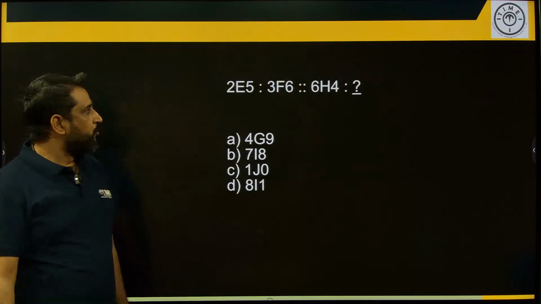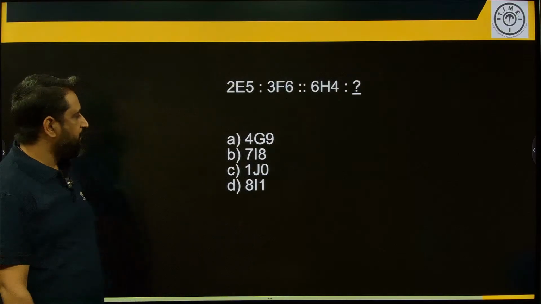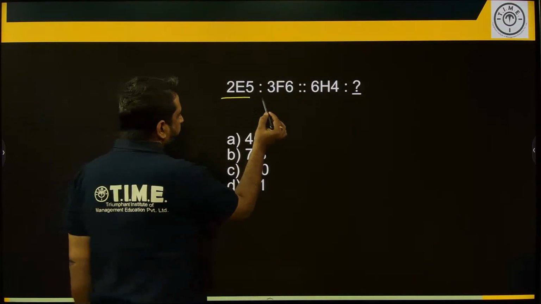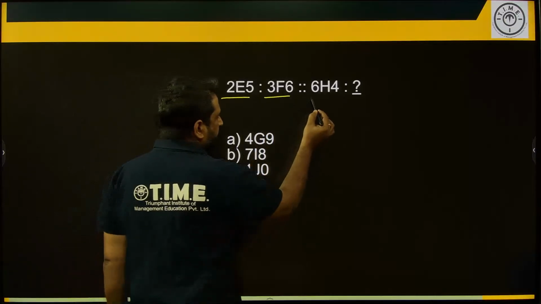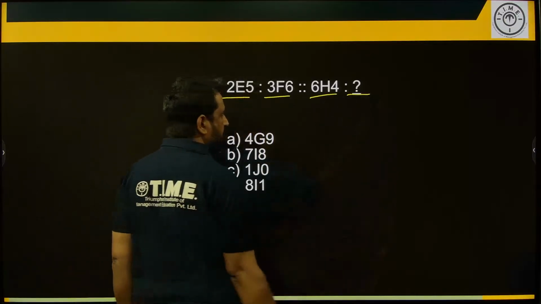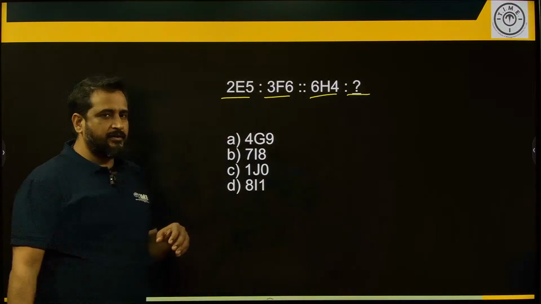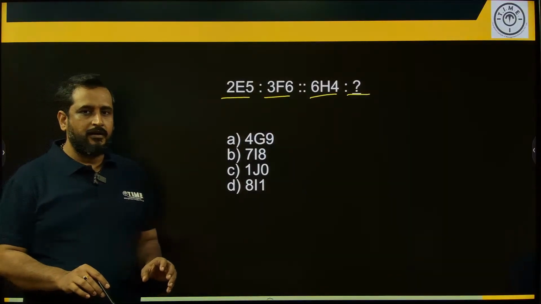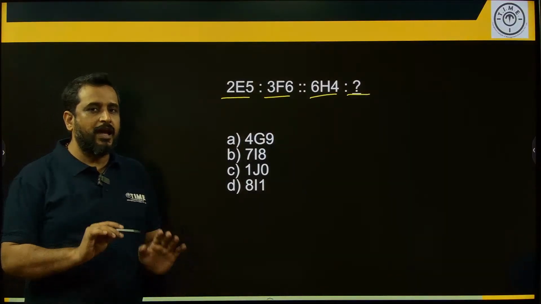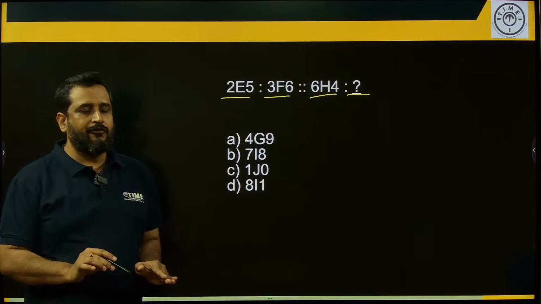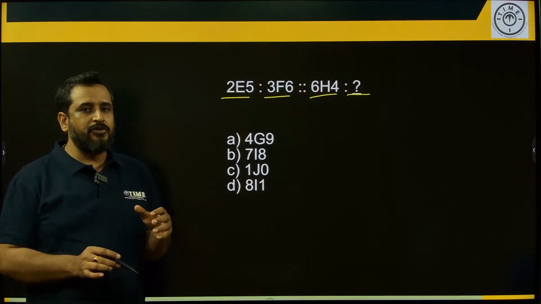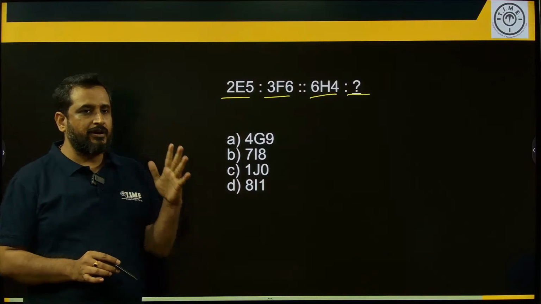Right. 2E5, 3F6, 6H4 and the question mark. When I'm reading the 2E5, basically you should get the idea. What is the 2E5? E position value is 5. 5 square is 25.